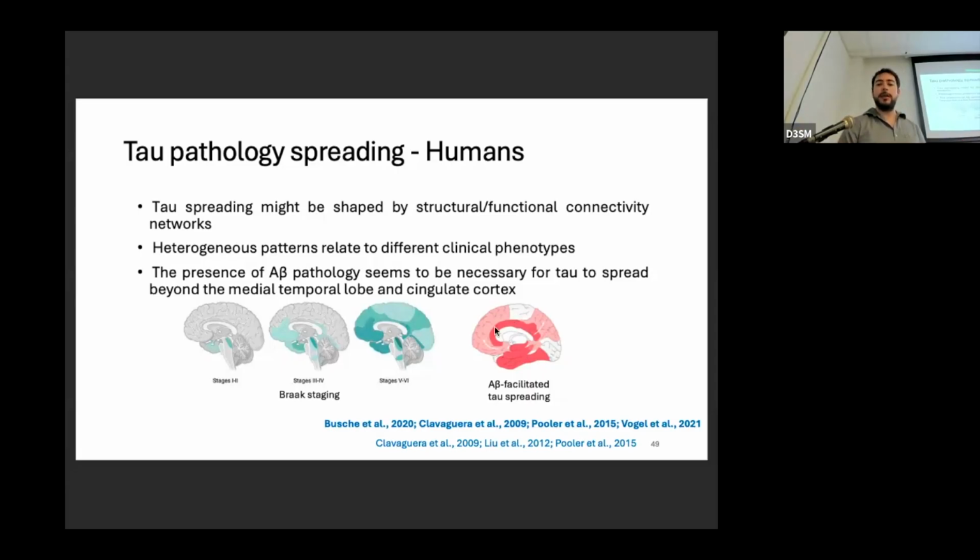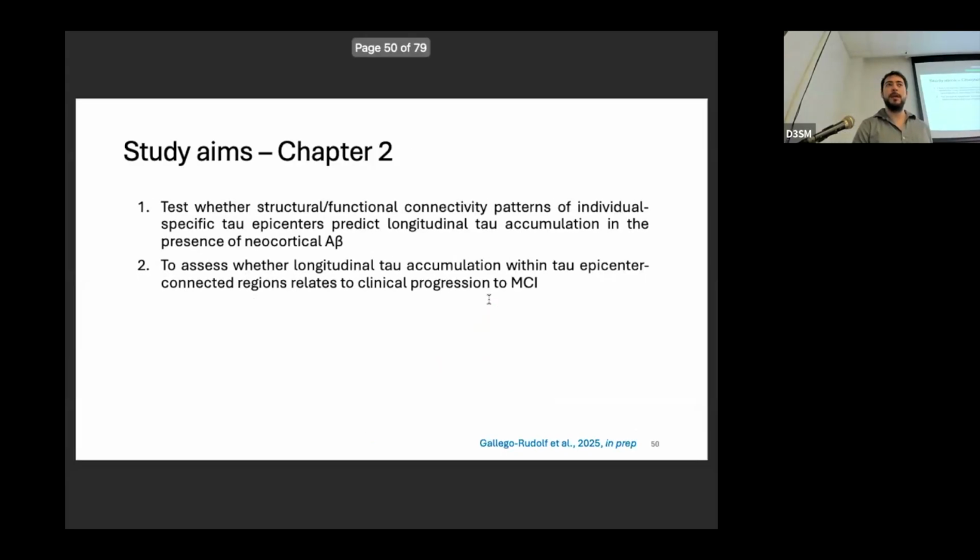Whereas in Alzheimer's disease, tau starts spreading across all of the rest of the neocortex. So this more pink tone coloration of the different brain regions that you see here would be the tau spreading that is facilitated by amyloid beta. So there's some evidence coming from both animal models and from studies in human patients that suggests that tau can spread across brain networks, but also that amyloid plays an important role in facilitating this process.